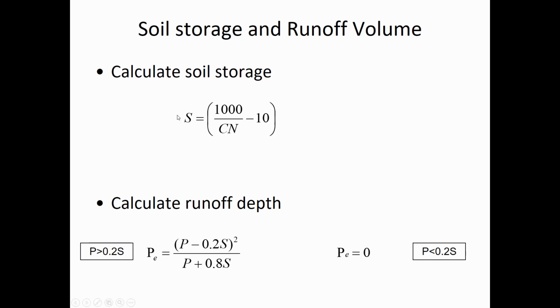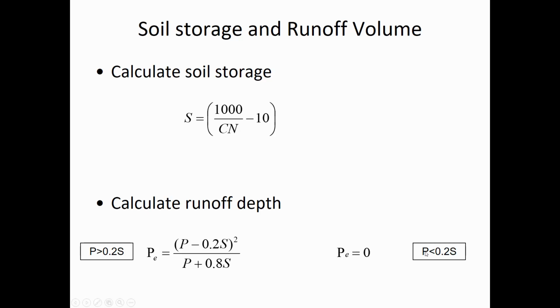Now once you have the storage, the way that you calculate the rainfall excess, P sub E, in the NRCS method is with this formula. If the precipitation is greater than the initial abstraction, and remember 0.2S is how we account for the initial abstraction, what we're saying is if you don't have that satisfied, there won't be any runoff.